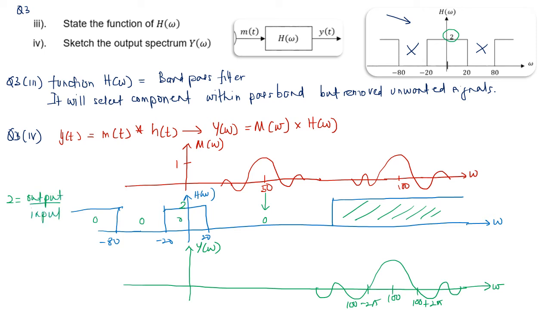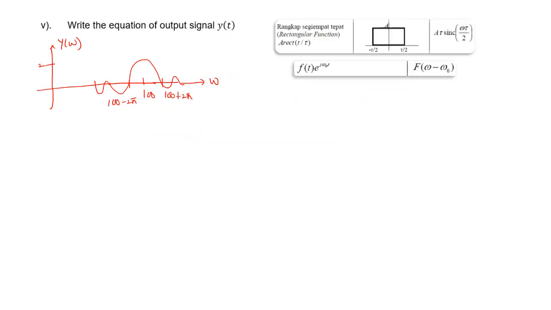In this case, our input is 1, so the output equals 2 times 1, which is 2. So the magnitude of your output equals 2. Only one signal is passed through and the rest are removed. Okay, question 3, part 4.